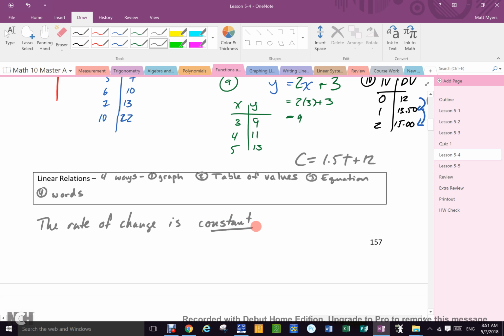Now, it's weird to talk about change being constant, isn't it? Because constant means something doesn't change. But we're talking about a rate of change here being constant, which means if my IV goes that far, my DV goes that far, and that would continue.